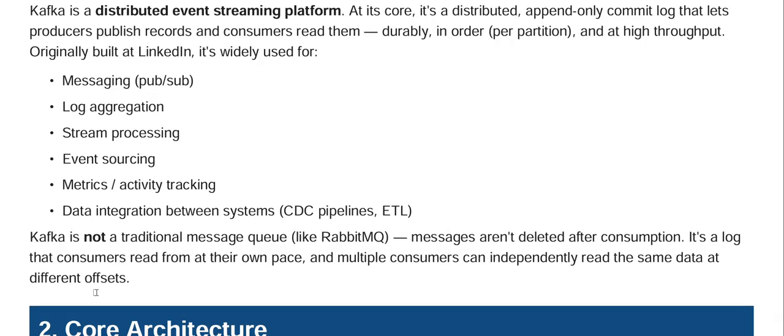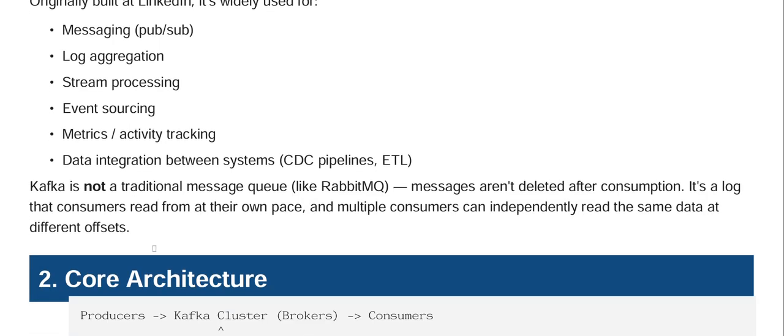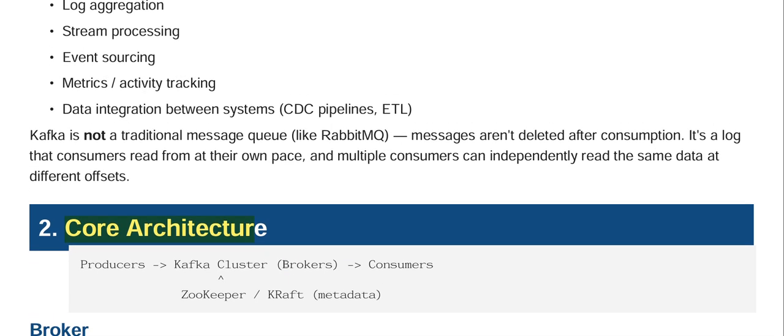Okay, so let's start with the second very important part, the architecture. How does it work? You can see the very important thing: we have the producer, then the Kafka cluster, which is called the broker, and the consumer. We use ZooKeeper to keep metadata for the Kafka brokers.